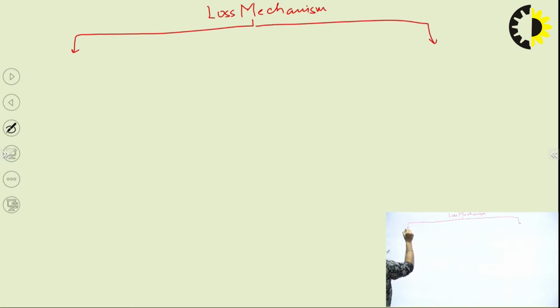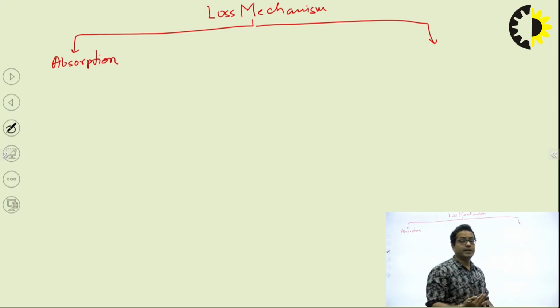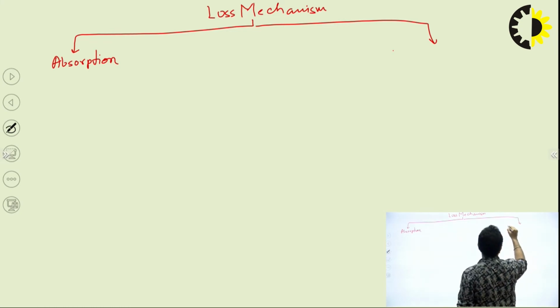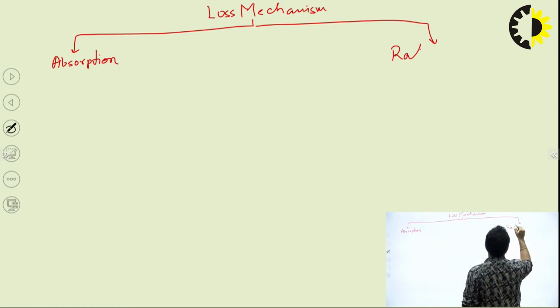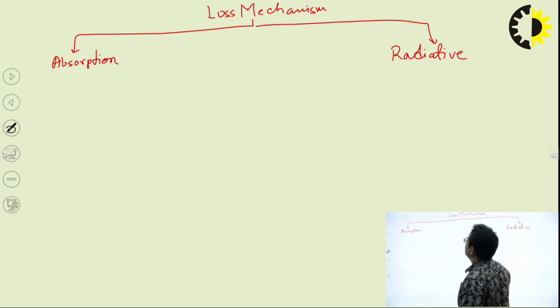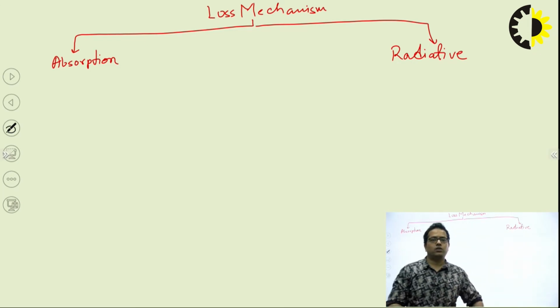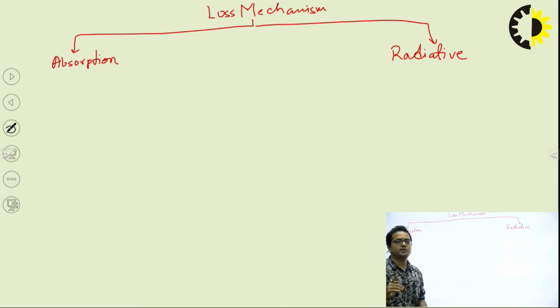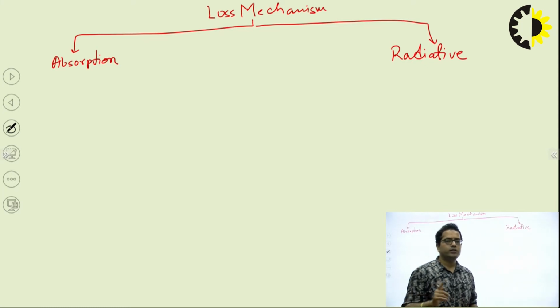First is your absorption, and the second one is the radiative loss. Now these are the two different loss mechanisms that are responsible for attenuation in optical fiber.